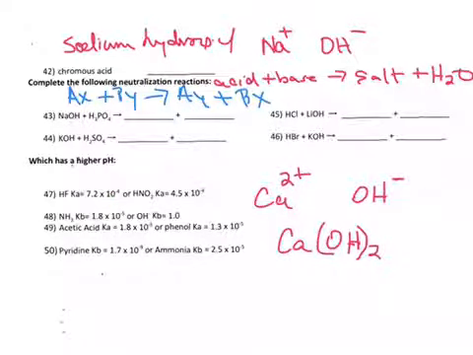HNO2. The nitrous acid. Why is that? Because it has less hydrogen. Because it's smaller. So when you're determining these, all you're doing is comparing the numbers. This question says the higher pH, so we're looking for the weaker acid. Does that make sense? Yeah, weaker acid.